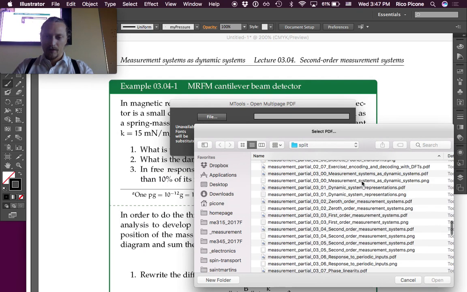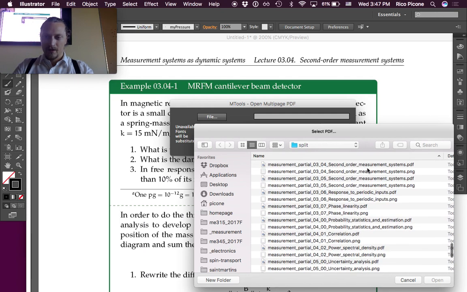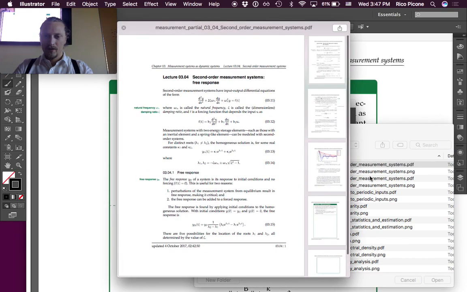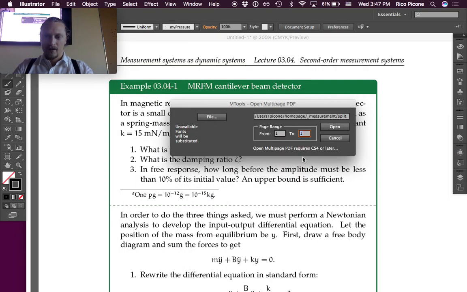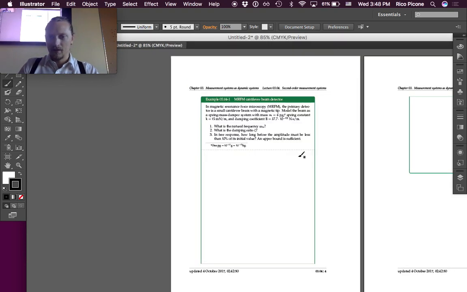I need the partial. And second order measurement systems. It's just 2 pages of the example, right? Yeah, just 4 and 5. All right.